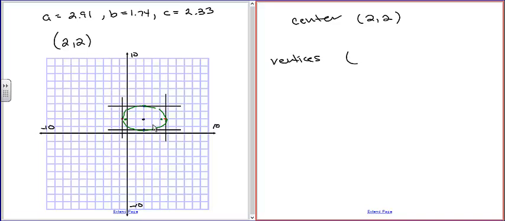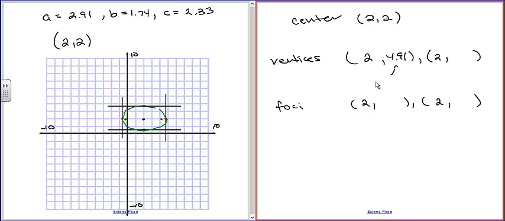You'll notice for the vertices, everything's along this line, which is positive 2. So everything is going to have an x-coordinate of positive 2. Now, the vertices, you're going to have 2 plus 2.91, which is going to be 4.91.